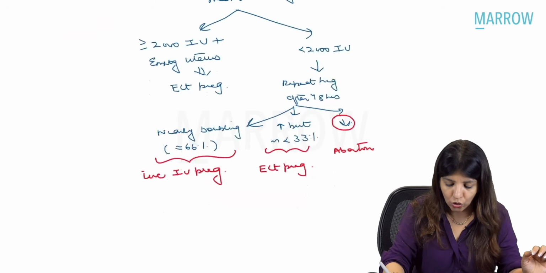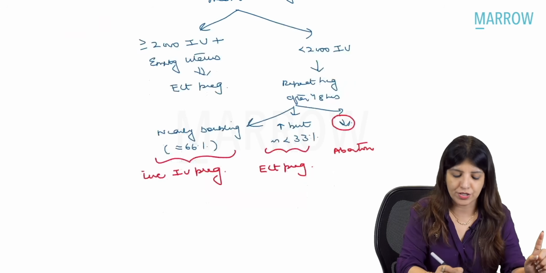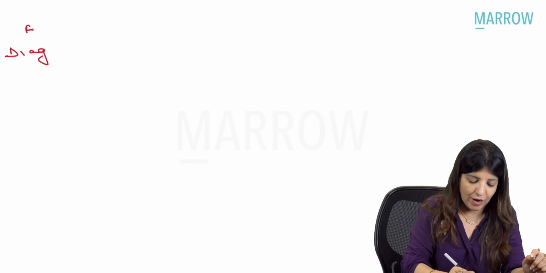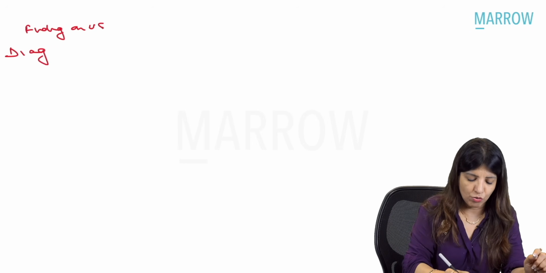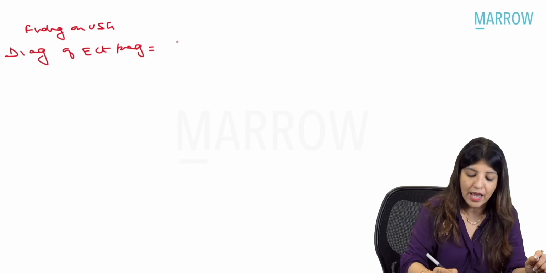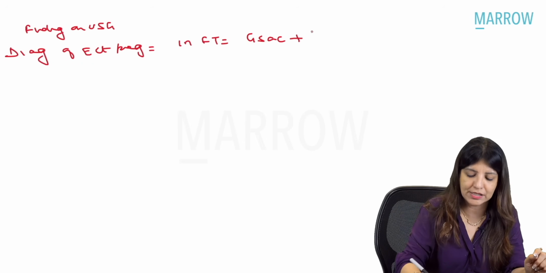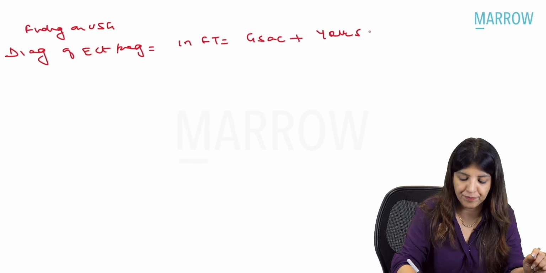So now I want all of you to tell me, is there any finding on ultrasound which is diagnostic of ectopic pregnancy? Yes. The finding on ultrasound which is diagnostic of ectopic pregnancy is if in fallopian tube you are getting gestational sac plus yolk sac.